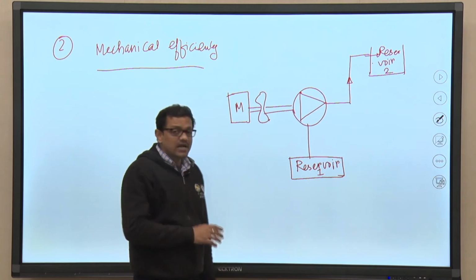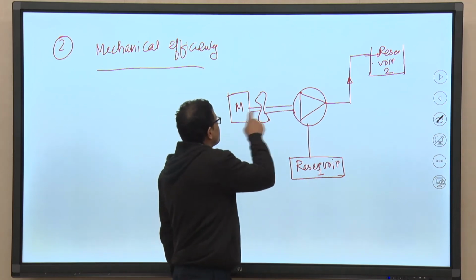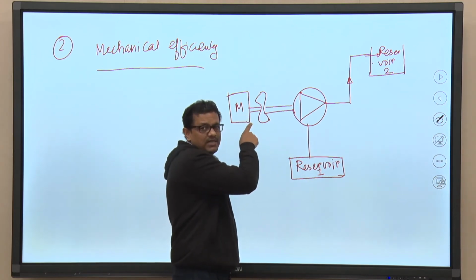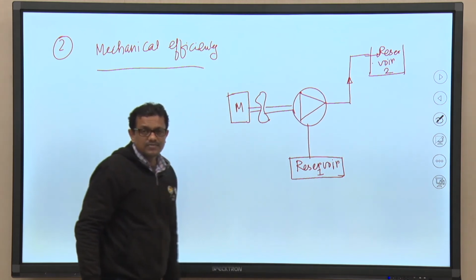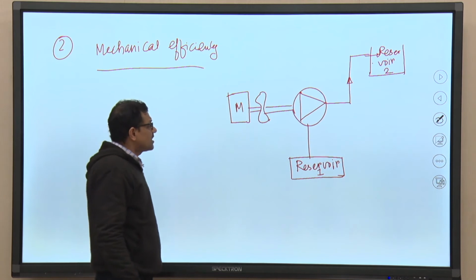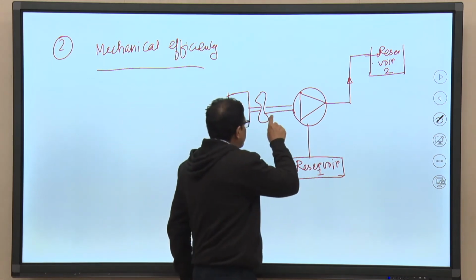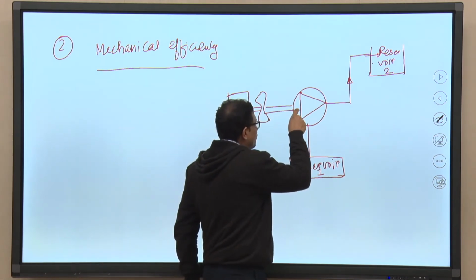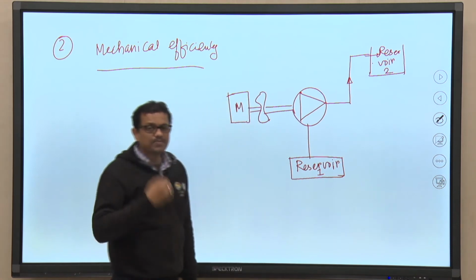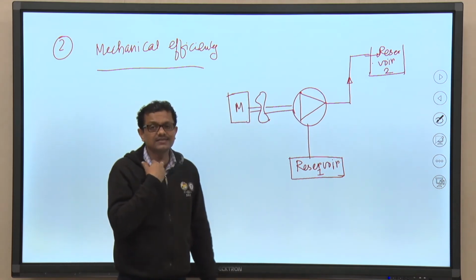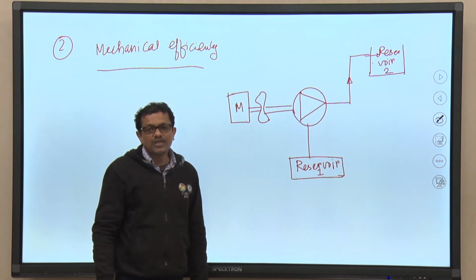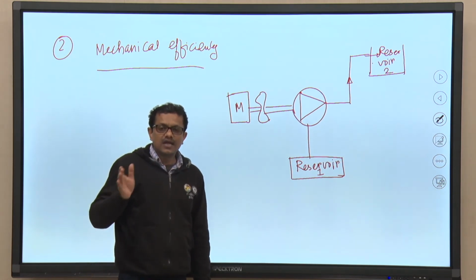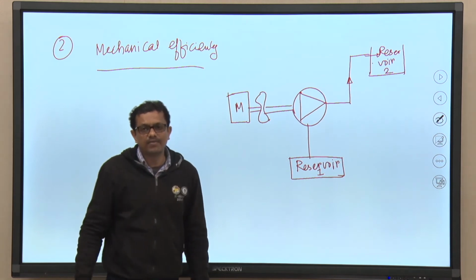Okay. So, you can see the input energy to the pump should be the output energy of the electric motor, right. So, what I am telling is, the input power to the shaft of the pump is not equal to the power which is transmitted to the fluid handled by the pump.